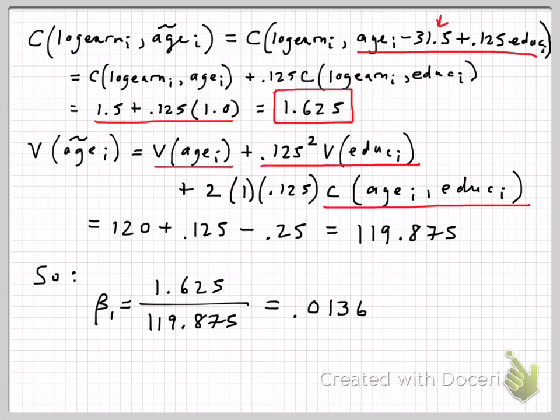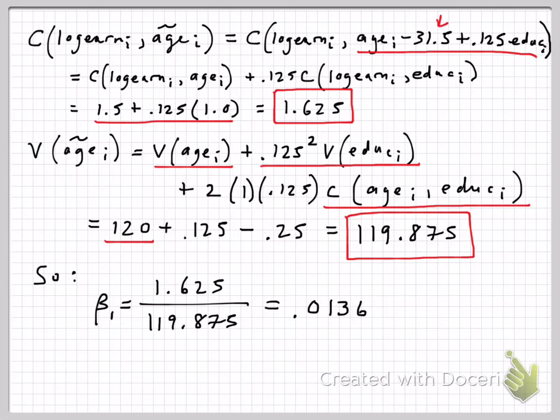That's 2 times the coefficient on the first variance plus the second variance variable, and doing all of that gets us finally to the end product, which is 119.875. You can see that the variance of the residual for the auxiliary regression is really dominated by the variance of the age variable itself, which is to say that in this regression the education variable is not really helping predict the age in the sample very much, and why would it really?